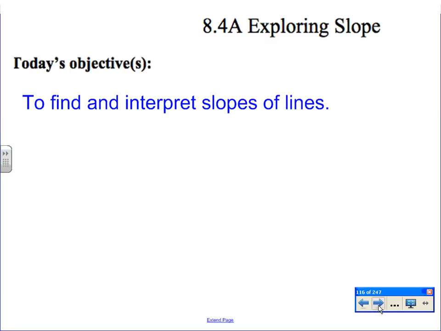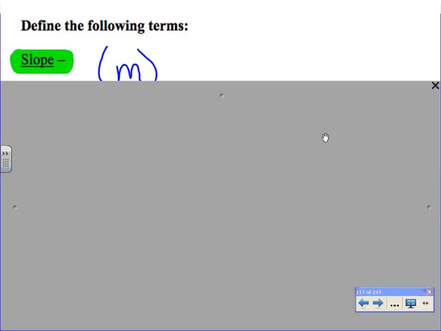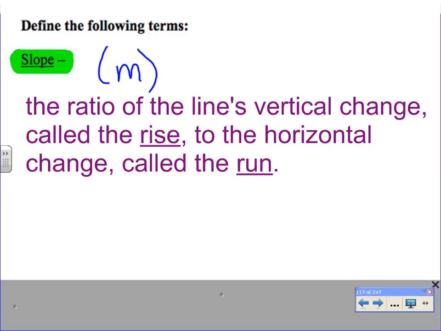Okay, so slope is the ratio of the line's vertical change called the rise. So vertical change, is it going up or is it going down? Rise, yes. This is that, just except in words. So good job, Ben. Up. Right, so up or down. Rise is up or down.